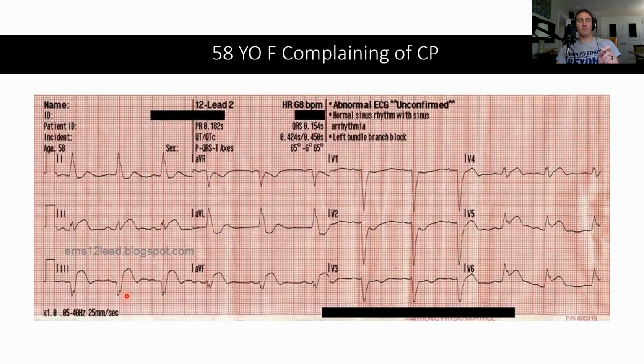So we have just over a 5 millimeter QRS complex. So by the rule that we've discussed before, we would only allow 1 millimeter of elevation. So we have almost 5. So this is excessively discordant ST segment elevation.